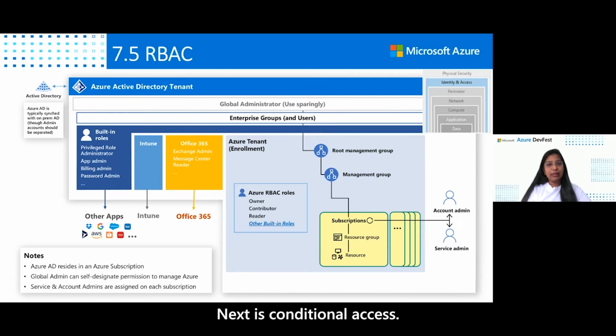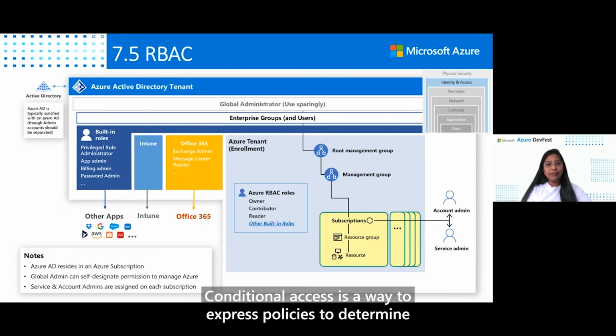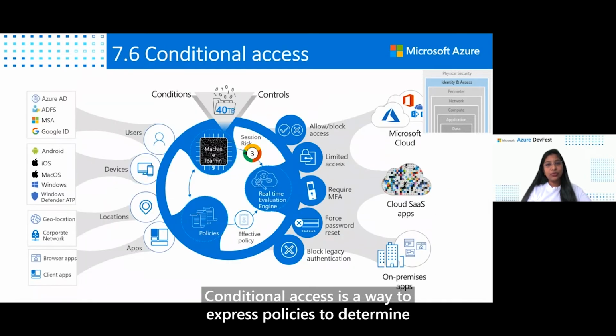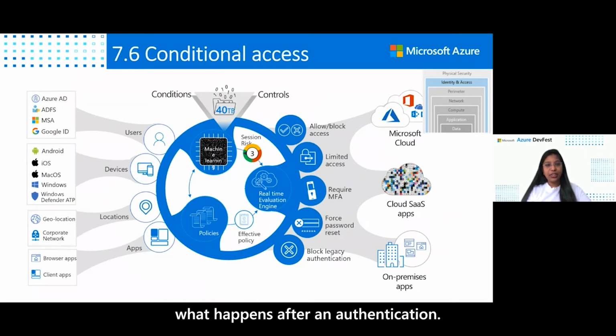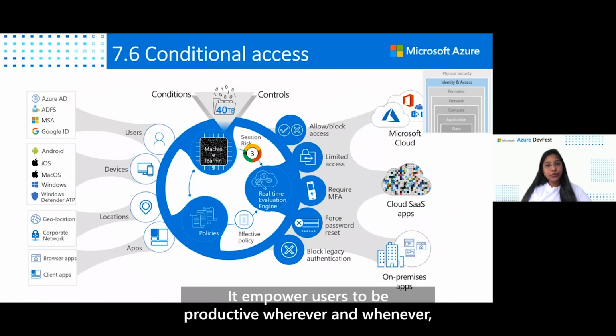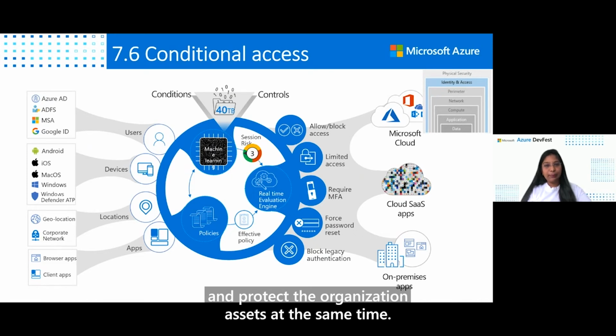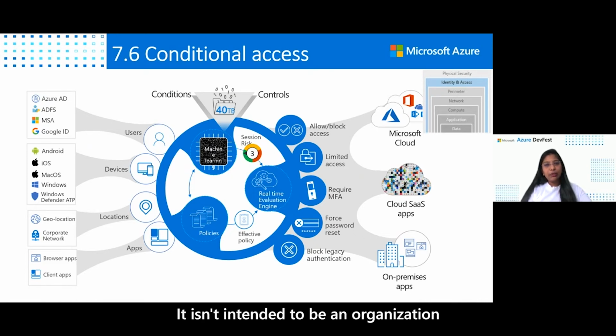Next is conditional access. Conditional access is a way to express policies to determine what happens after an authentication. It empowers users to be productive wherever and whenever, and protects the organization's assets at the same time. It isn't intended to be an organization's first line of defense for scenarios like DDoS attacks, but it can use the signals from these events to determine the access.